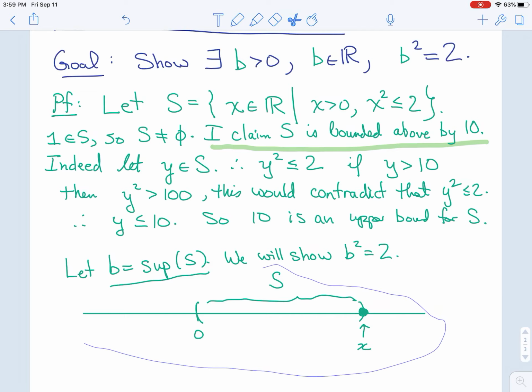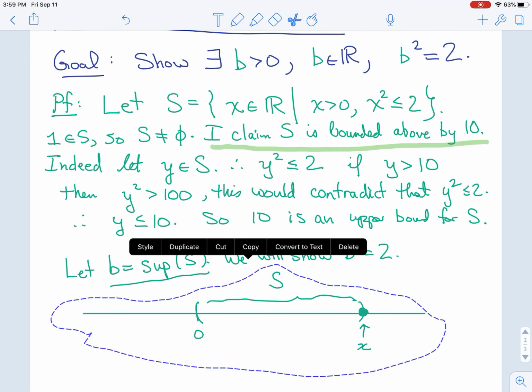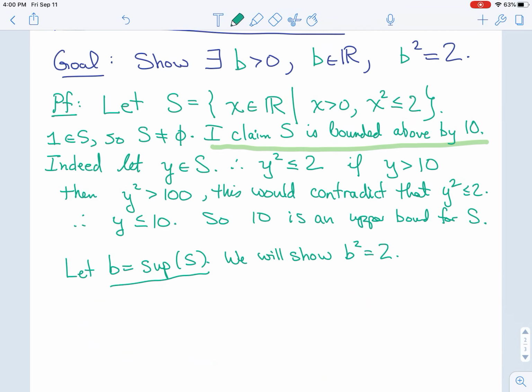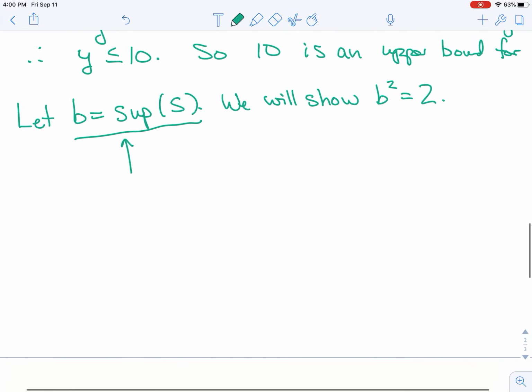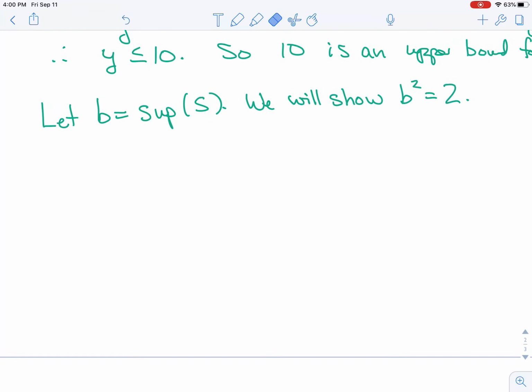So now I want to point out that I've just used the completeness axiom. You might not have noticed it, but right here, when I took the supremum of something, I'm taking the least upper bound of a set. Right? And so we use the completeness axiom here.